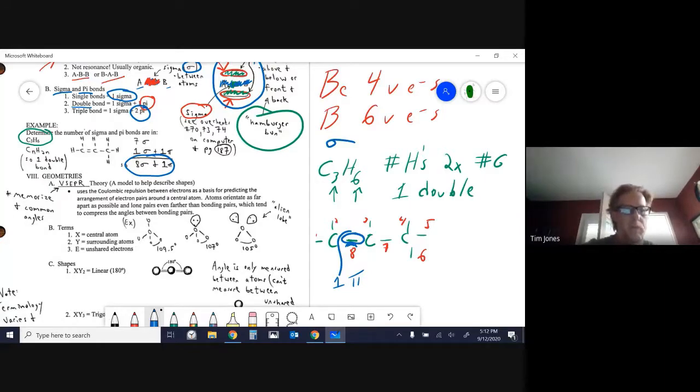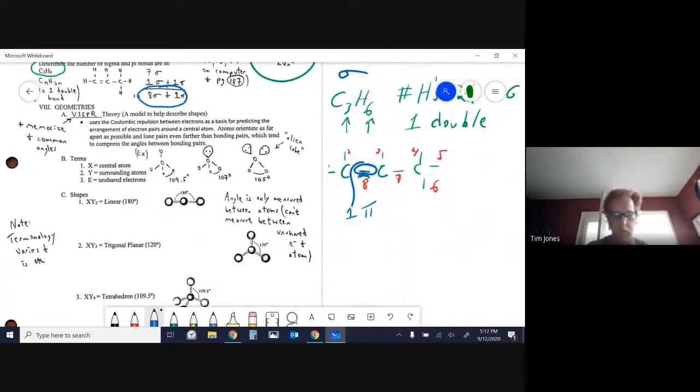Moving along, when you get to molecular geometry, when you're asked to explain why a molecule has a particular shape, it can be useful to mention the VSEPR theory. And if you want to spell it out, it's valence shell electron pair repulsion.